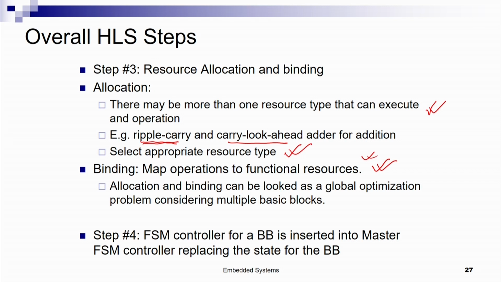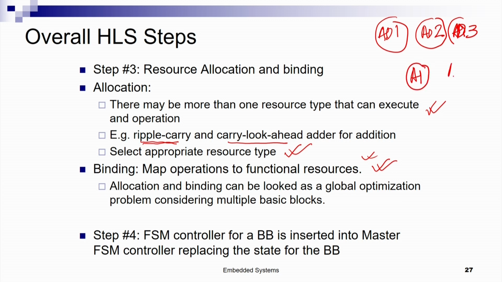Let us say A1 and A2 are 2 ripple carry adders, and we have operations say AD1, AD2 and AD3. So, these are the 3 addition operations, and we have 2 ripple carry adders A1 and A2.